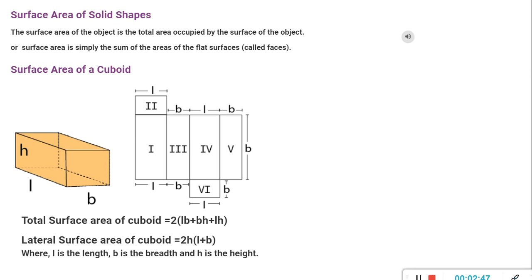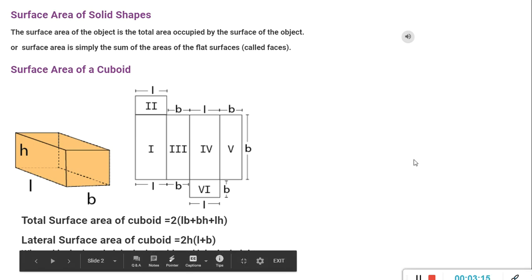In all the cases, 2 and height are common, so we can take them outside. Then what is remaining inside? Length plus breadth is remaining inside. Only 4 faces are there. So 2 into height into (length plus breadth). So the lateral surface area of a cuboid is 2 height into (length plus breadth).